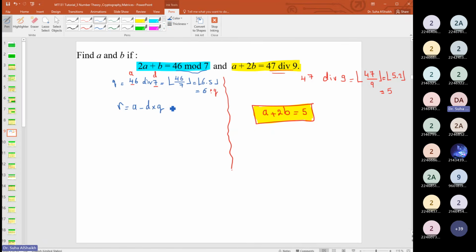So we just substitute here: A is 46, D is 7, and Q, we already have it here, is 6. So this is equal to 46 minus 42, which is 4. So my equation will be 2A plus B equal to 4. You got it now.